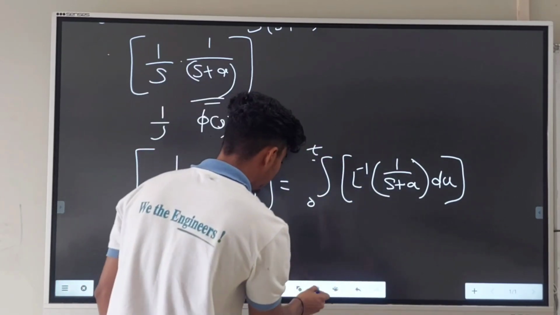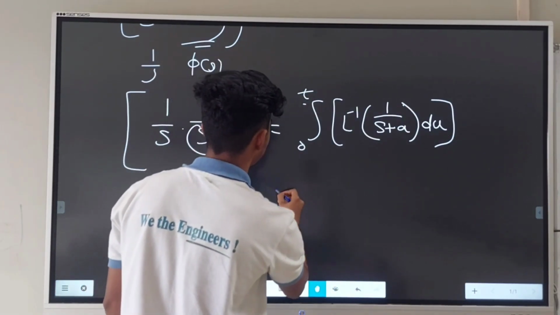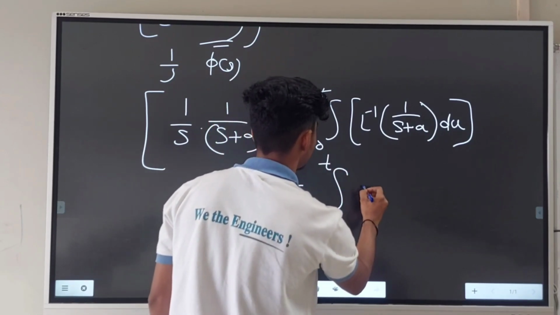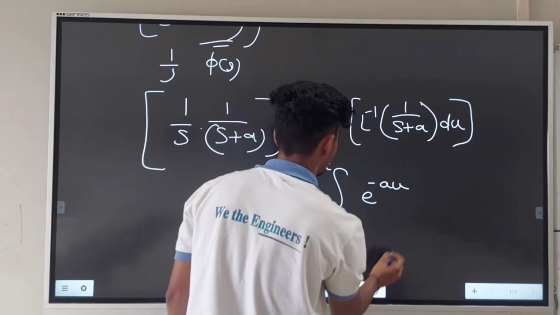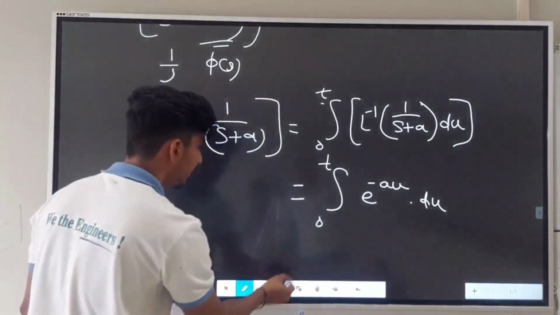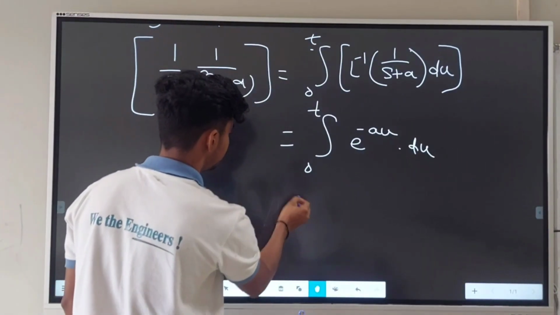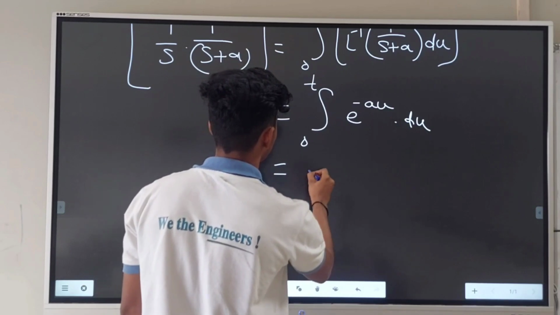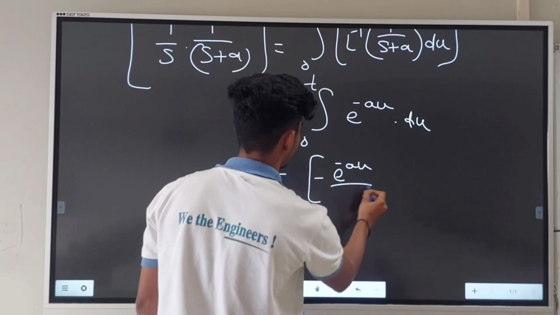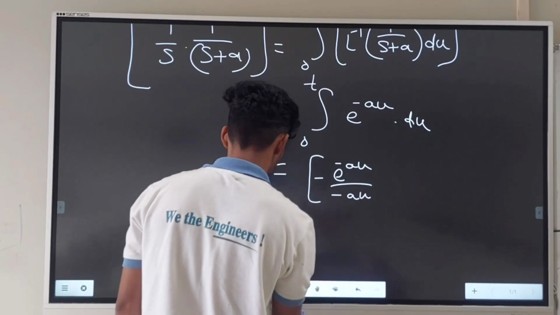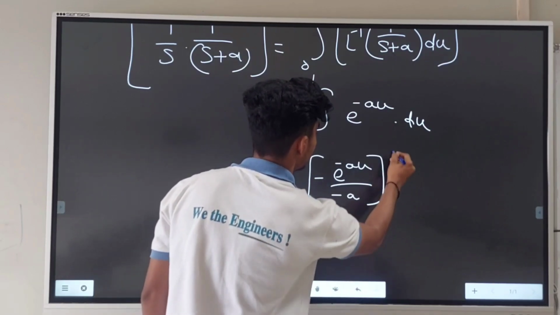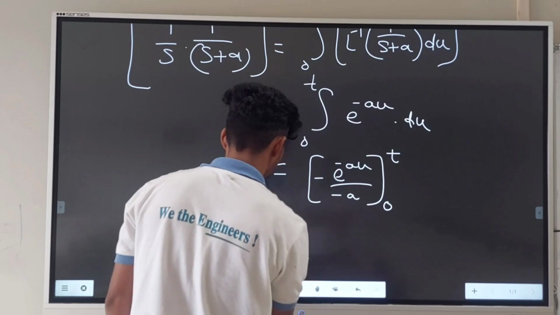So we know the Laplace inverse of 1 upon s is, so after that we integrate it, and limit 0 to t.